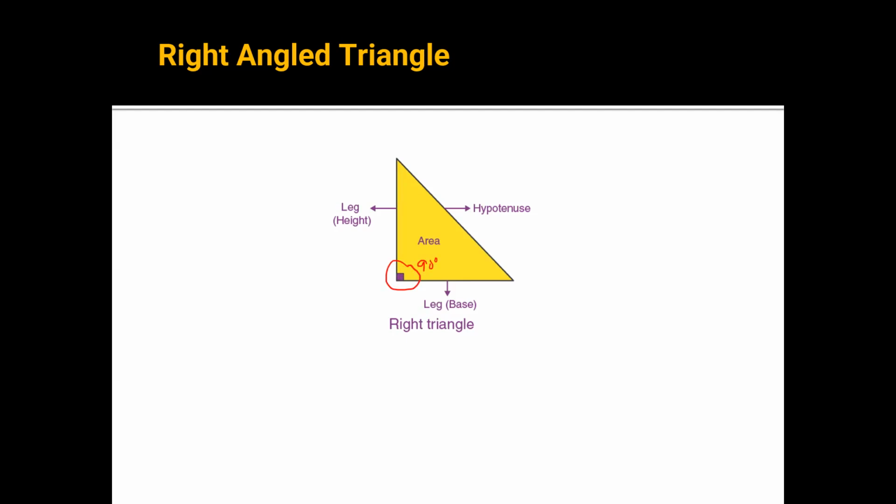Whenever you find a small square, that means 90 degrees, and whenever you find a right angle in any triangle, that triangle is called a right angle triangle. We are going to learn the components of a right angle triangle in detail in coming slides.